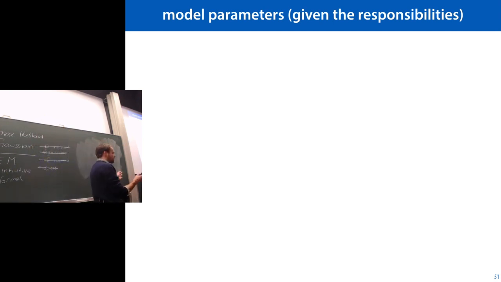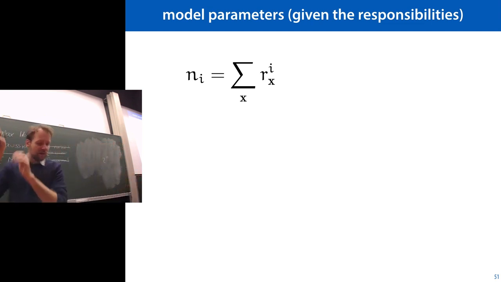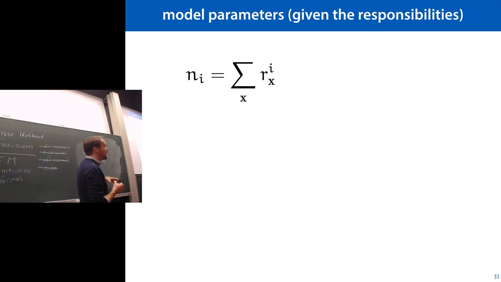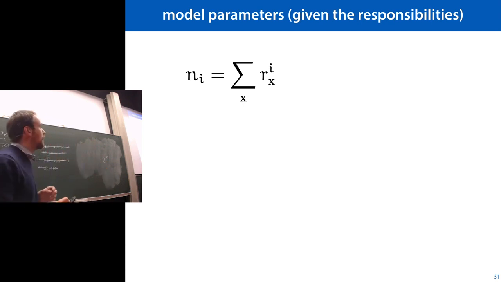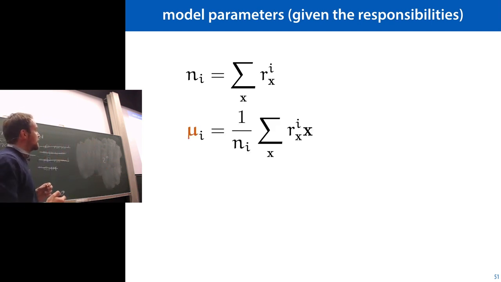So we have these responsibilities for point i. We're going to fit a normal distribution to this weighted data set, and I'll just give you the intuition and the formulas. We'll see later that they're basically maximum likelihood estimators, but I won't work it out entirely.